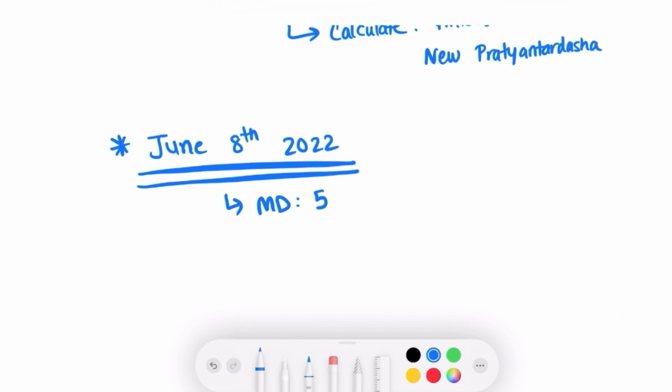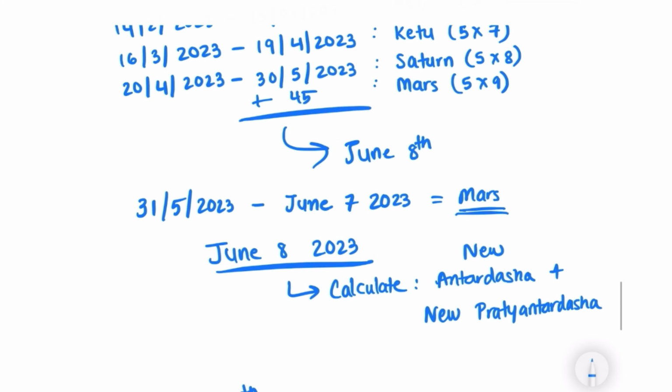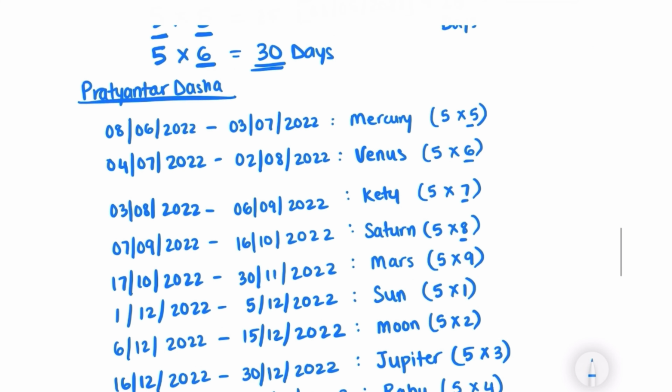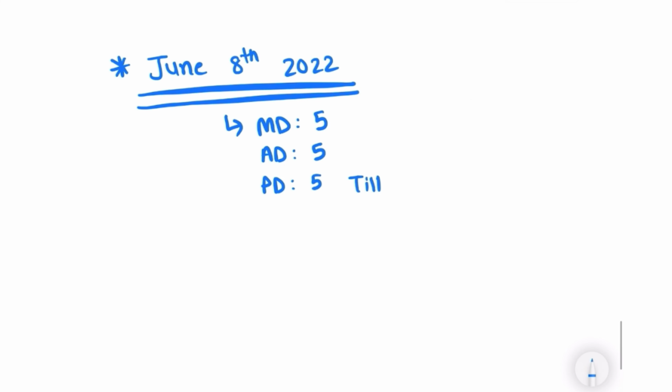Then it will be Antardasha 5 as well, and then Pratyantardasha will be 5 till when? Till July 3rd. After July 3rd, it will be Venus, right?